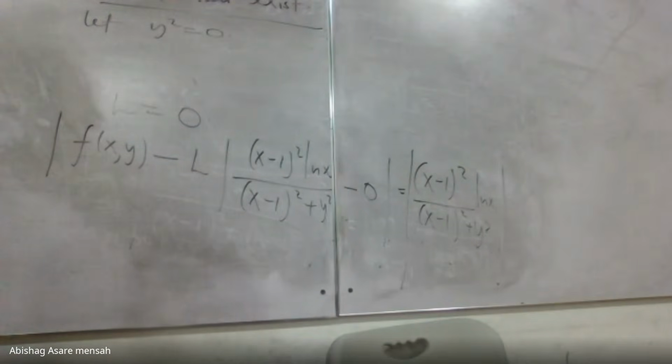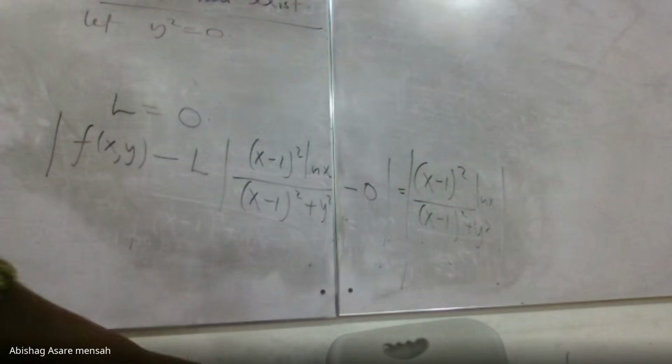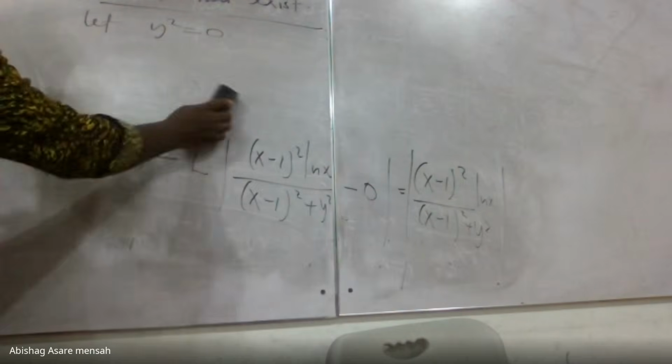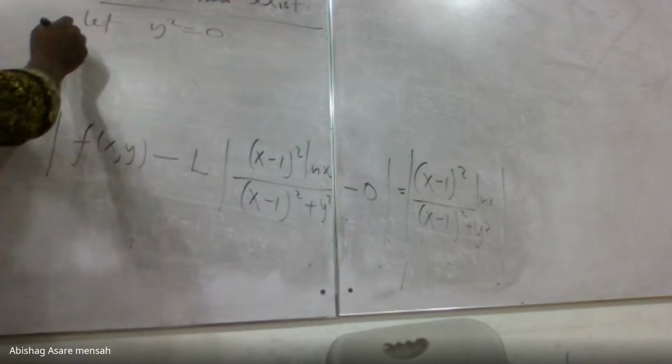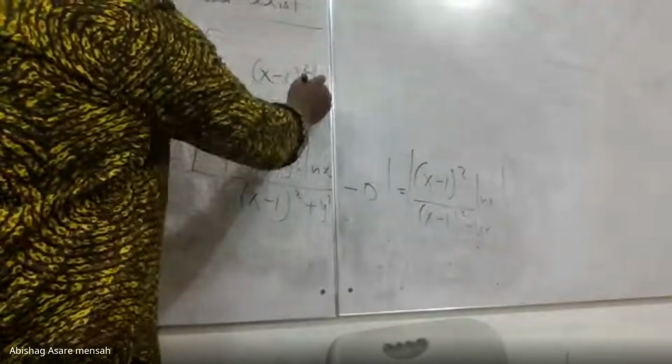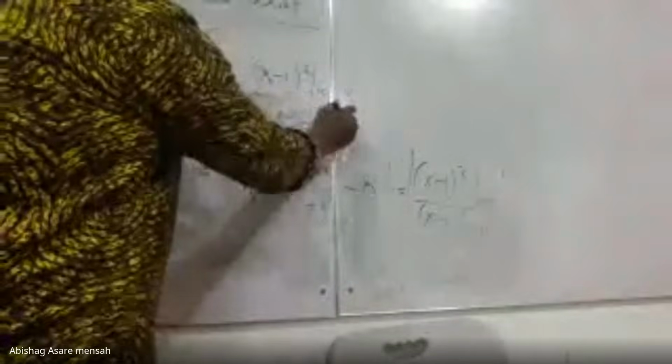So if y squared is 0, whatever we have here will be less than or equal to, certain y equal to 0, we have (x minus 1) all squared, then x, all over (x minus 1) all squared plus y squared. This one will be less than or equal to, so we are setting y to be 0, (x minus 1) all squared, then x, all over (x minus 1) all squared plus 0.